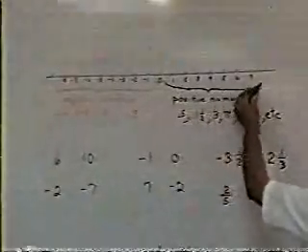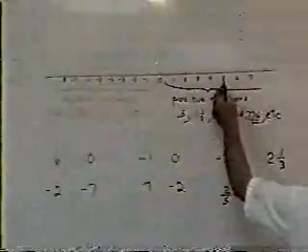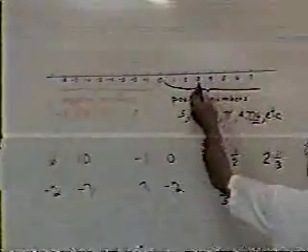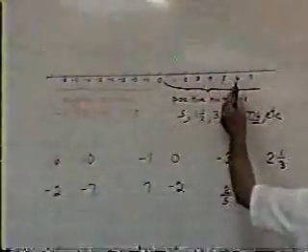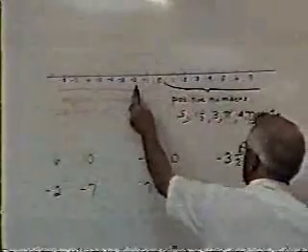Well, what we say then is we're going to start at 0, and as we move to the right, the numbers are increasing. The numbers are getting larger. That means then 5 is greater than 3. That means 6 is larger than 0. That means 4 is larger than a -2.